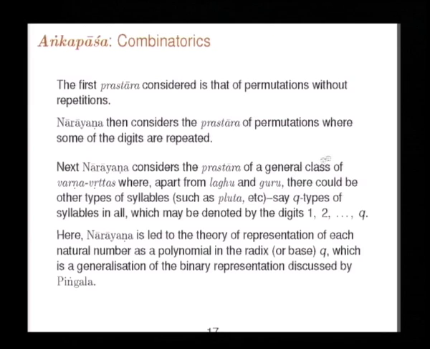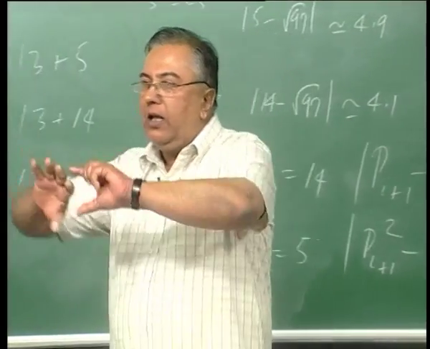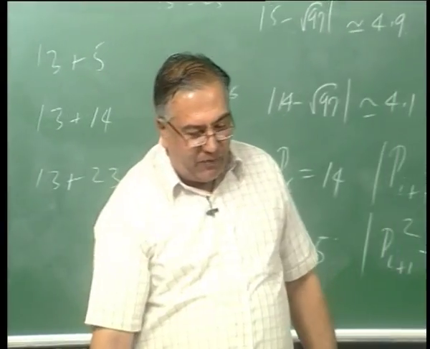Next he considers the Prastara which is a generalization of the Varnavritta, where instead of laghu and guru there can be other kinds of syllables, pluta etc. So, in general say q types of syllables 1 to q, and this leads him to a theory of representation of each natural number as a polynomial in base q or radix q, which is a generalization of the binary representation of integers.